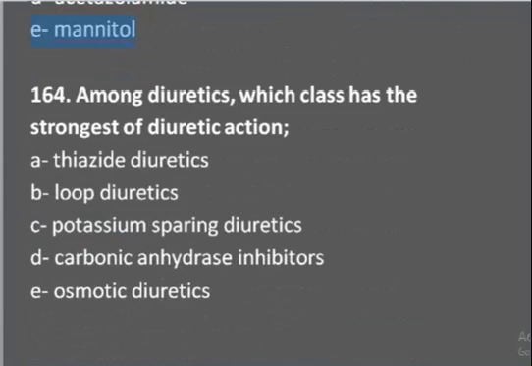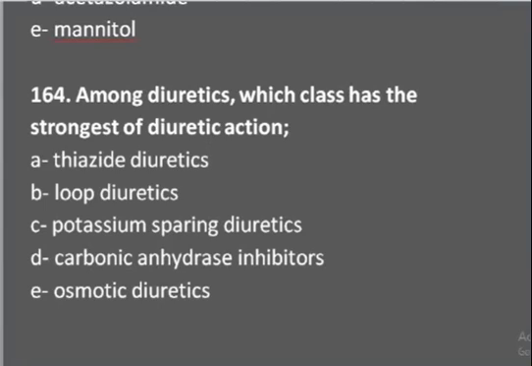Now the fourth MCQ, among diuretics, which class has the strongest diuretic action? So options are there: thiazide diuretics, loop diuretics, potassium sparing diuretics, carbonic anhydrase inhibitors, osmotic diuretics.